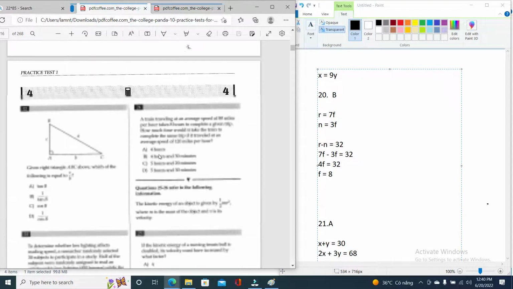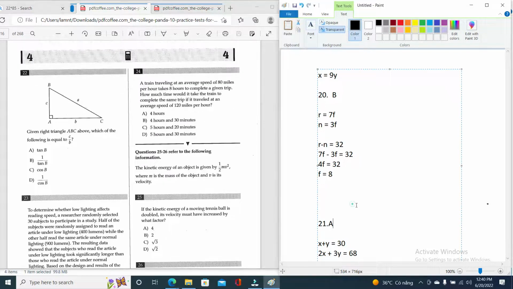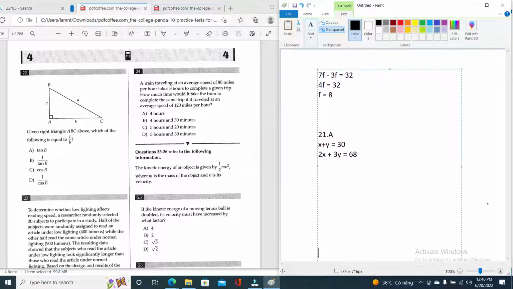Alright, let's do 22 and 26. Okay, right. So 22. Given the right angle ABC above, which of the following is equal to C over B? Okay. So 22.